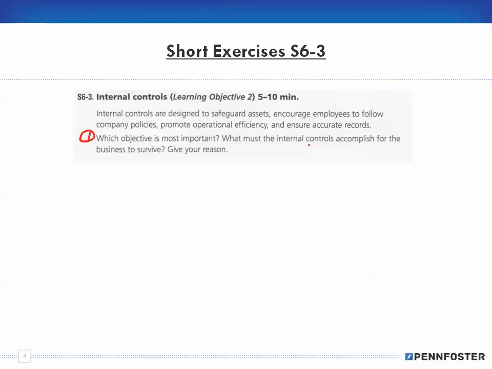And what must the internal controls accomplish for the business to survive? So that's question 2, and give your reason. Right, so we have internal controls are designed to safeguard assets. They encourage employees to follow policies. 3, promote operational efficiency. And 4, ensure accurate records. So which objective is most important?